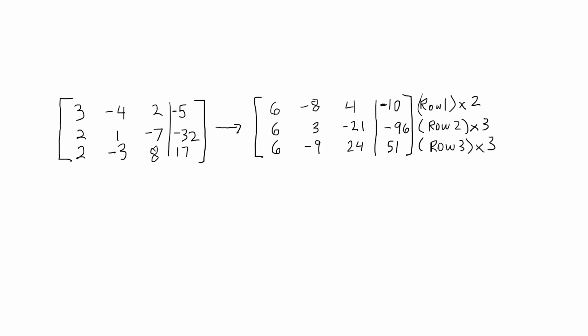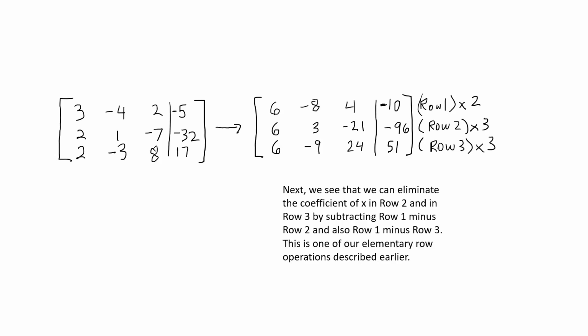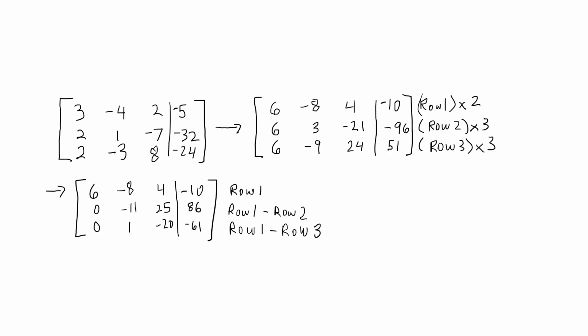Okay? Now, when we do row 1 minus row 2 and row 1 minus row 3, we'll be able to eliminate the coefficient of x in row 2, and we'll be able to eliminate the coefficient of x in row 3. Okay? So the 6 minus 6 is equal to 0, and 6 minus 6 here is also equal to 0.